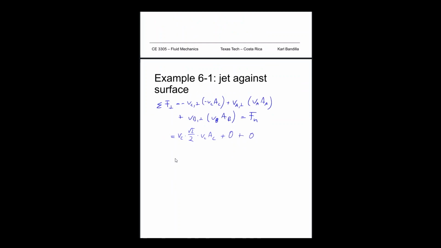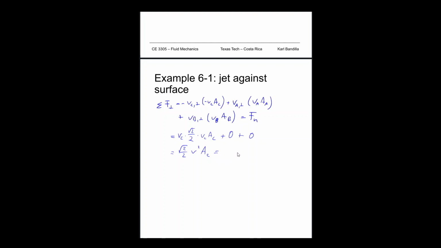That makes it nice. Didn't even have to think about exactly what the velocities are in that case. Which means we are left with the VC's here, that we can put together. We said we call them all V, so we'd have square root of 2 over 2 V squared times AC.